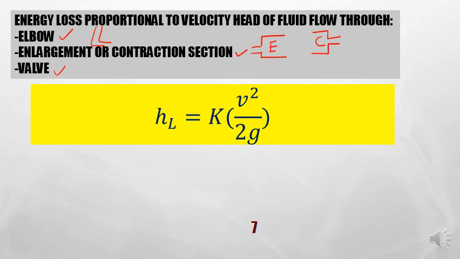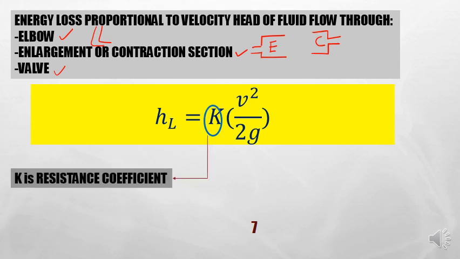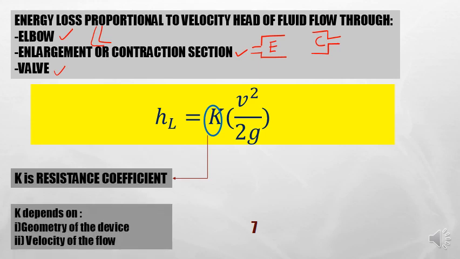So this is the main equation to calculate the energy losses in a system, in which K is referred to as the resistance coefficient, and this K is strongly affected by the geometry of the device and the velocity of the flow. I repeat again, these are the two parameters which affect K the most: geometry of the device and velocity of the flow.